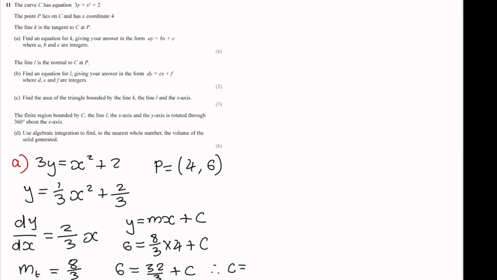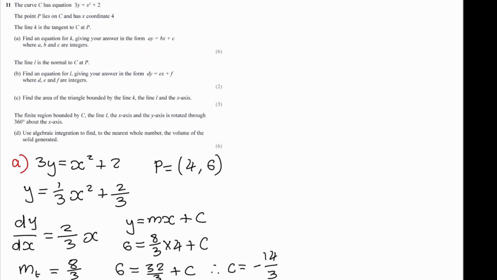minus 14 over 3. So finally we just need to make sure we write the answer in the form ay equals bx plus c, ensuring a, b, and c are integers or whole numbers.